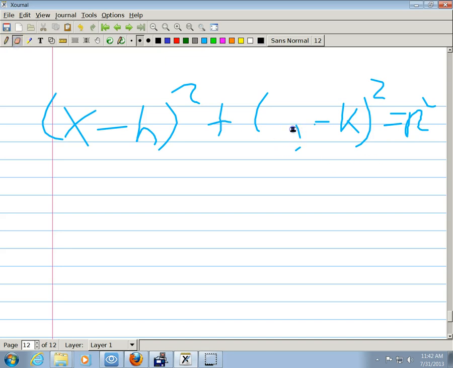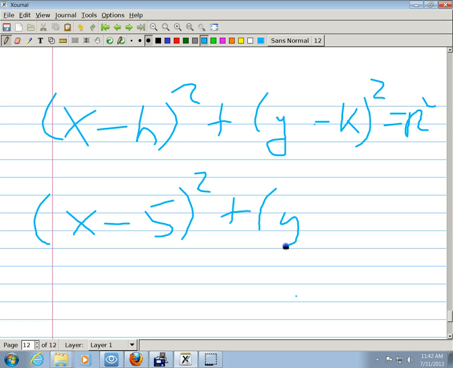The center. We figured out that the center is at h is 5, and k is 3. And the radius is 2, so when you square it, r squared is 4.